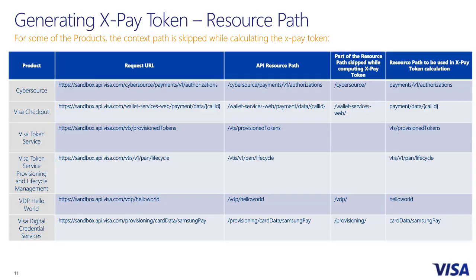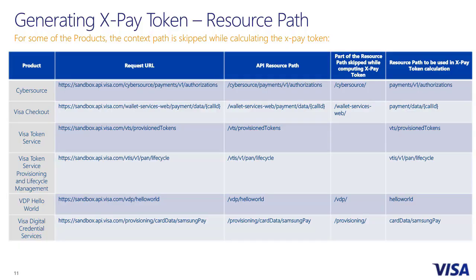As the request URL, we have one endpoint mentioned here, which is https://sandbox.api.visa.com/cybersource/payments/v1/authorize. So now this is the actual request URL. Now here, excluding the host, the actual resource path is cybersource/payment/v1/authorizations. Whereas we do not use the complete path.